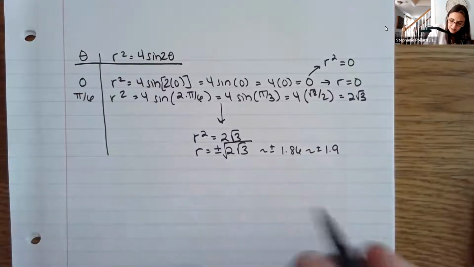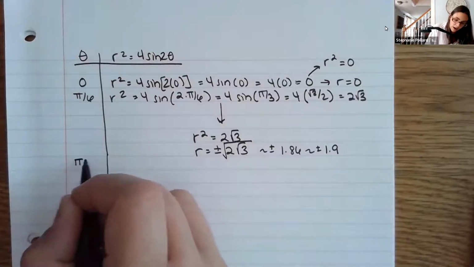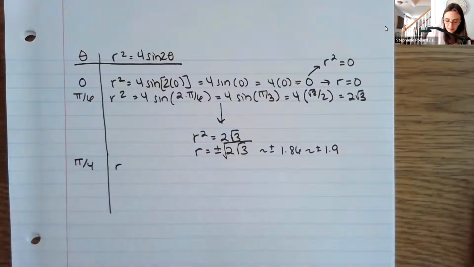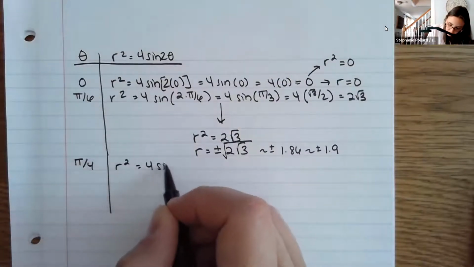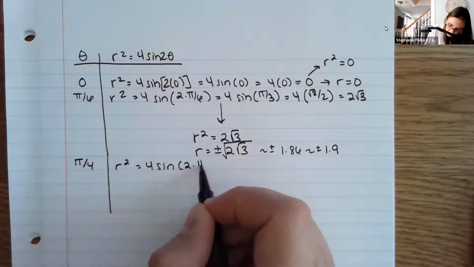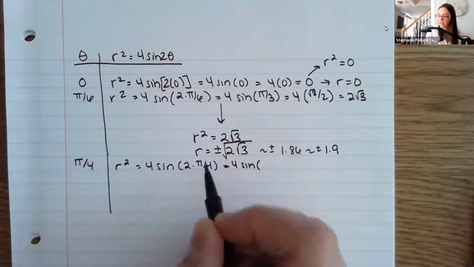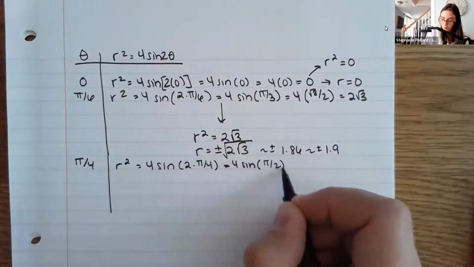And the same thing would be continuing on. The next one I would do is pi over 4. I'm going to do some extra points here as well, because these are getting kind of complicated. So 2 times pi over 4 is going to bring that down to pi over 2.